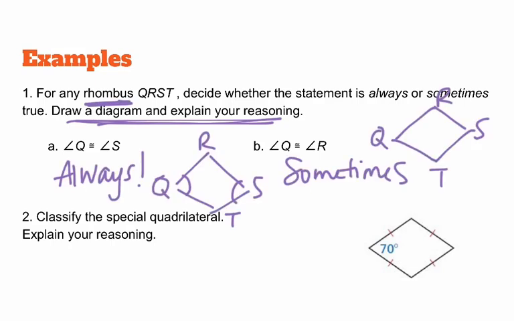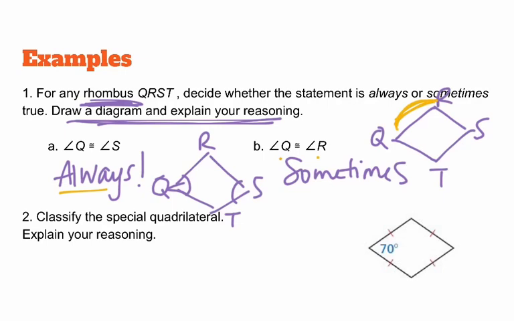All right, so I don't have the best diagrams, but for letter A, is the angle Q always congruent to the angle S? Well, they're opposite of each other, and since it's a rhombus, that means it's a parallelogram. What do we know about parallelograms? Opposite angles are congruent. So that's always true. Now this next one, notice how Q and R are next to each other in our drawing.